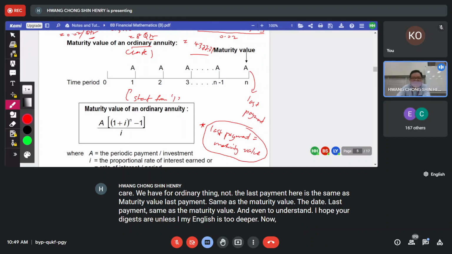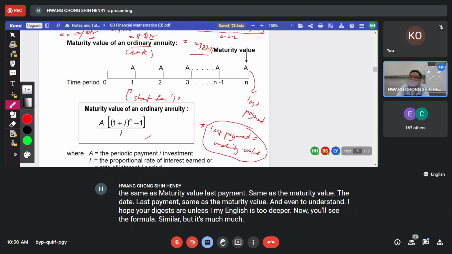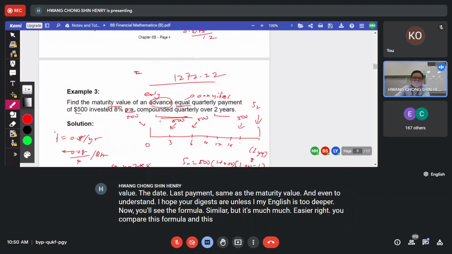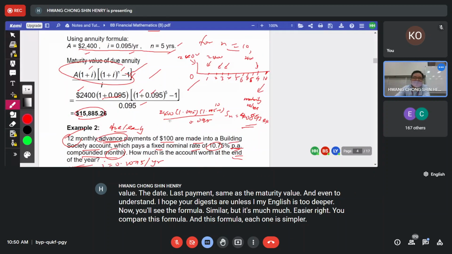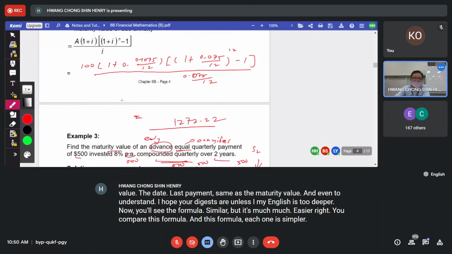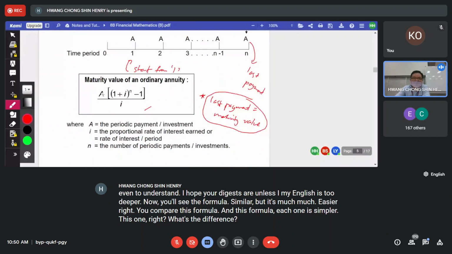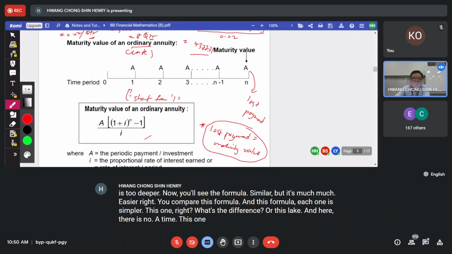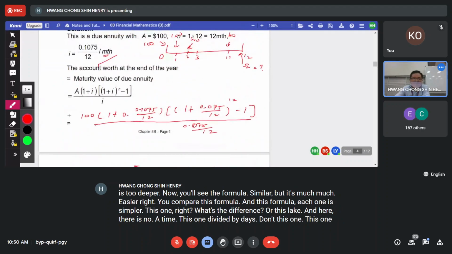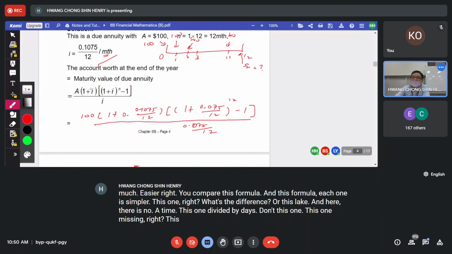Now, you see the formula? Similar, but it's much, much easier, right? You compare this formula and this formula. Which one is simpler? This one, right? What's the difference? For this late annuity, there is no A times this one divided by I. This part is missing.